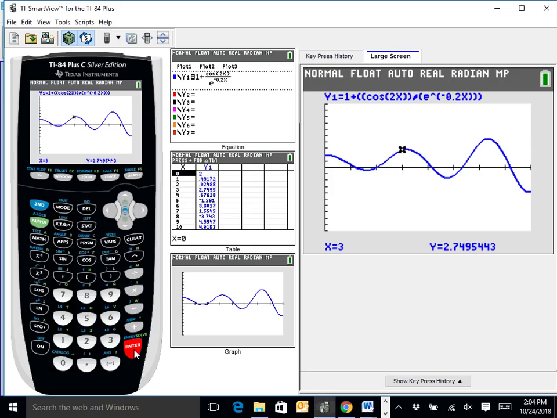So do it the easiest way possible, trace 3. Okay, so I'm going to report this answer. Now, if this is free response, I'm going to have 2 possible answers that I could write down. I could write down 2.749, or I could write down 2.750. If you're going to round this, you have to include that 0 at the end.